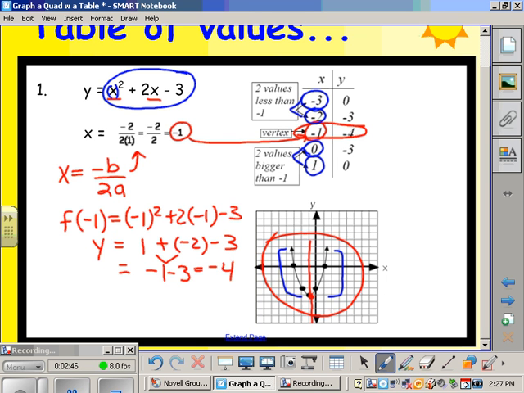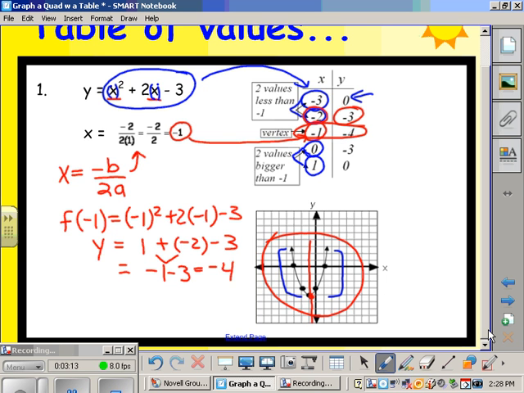So you would start by plugging in where the x's are, the -3, and then you'll calculate that and you would get 0. And I'll show you an example of this in a moment. And then you'd plug in the -2 for both x's and calculate the quadratic, and you would get -3, etc. And once you have your 5 points, then you just plot them and then draw your parabola.